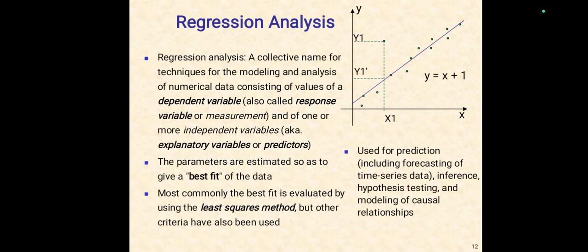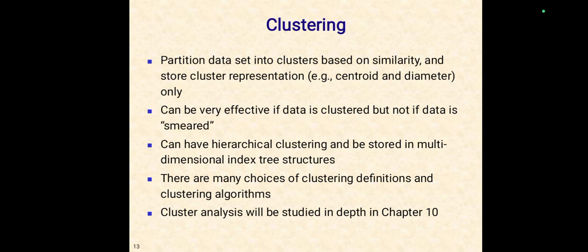I'll be explaining regression analysis and its problems in the upcoming lectures, as it's another big concept. And again clustering, basically grouping based on similarity. This is also a huge concept, so I'll be explaining it elaborately along with the types.